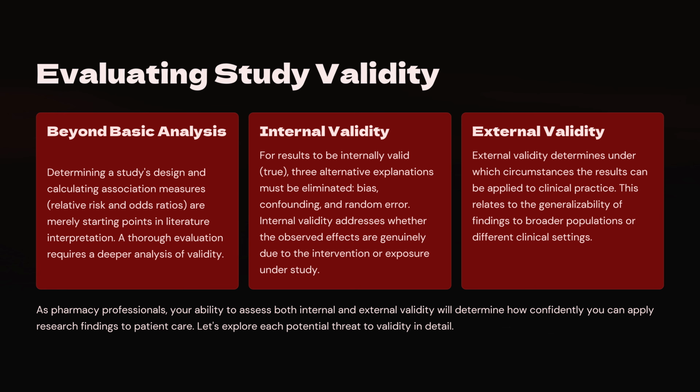So basically, an internally valid study addresses whether the observed effects are generally due to the intervention or exposure. External validity determines whether the results can be applied to clinical practice at large. So we need to go beyond just odds ratios or relative risk, or whatever statistic you're doing, to look at internal and external validity to really understand and make recommendations to patients.